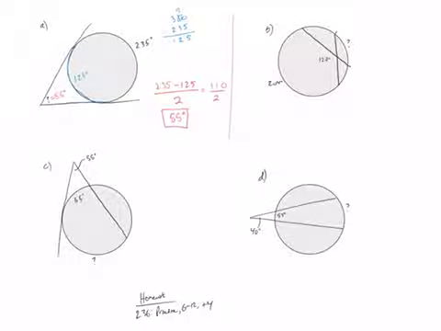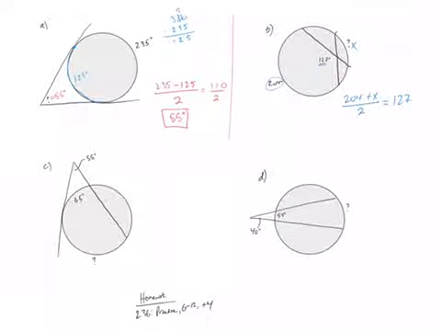Right here for B, notice these ones are intersecting inside the circle. So I know if I take this one, which I will name x just for fun, and then add it to this one, divided by 2, I should equal that. So I'm going to say 204 plus x over 2 is equal to 127.